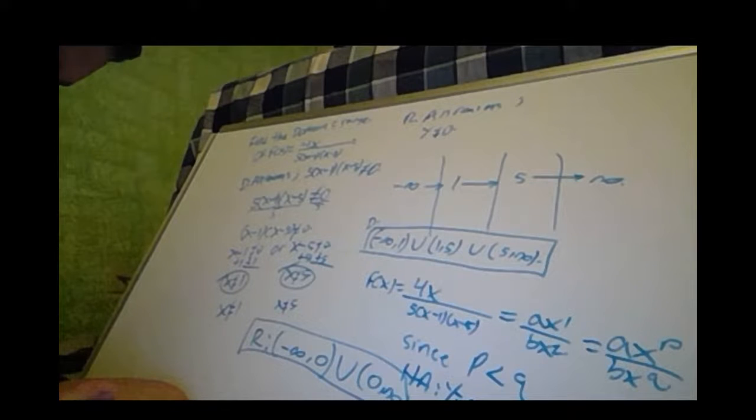It's 4x divided by 5 times x minus 1 times x minus 5.